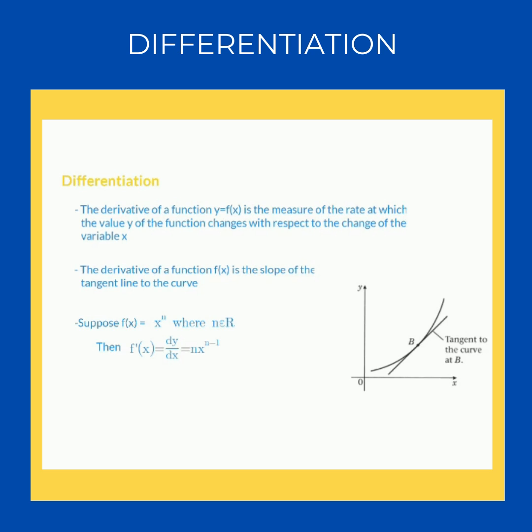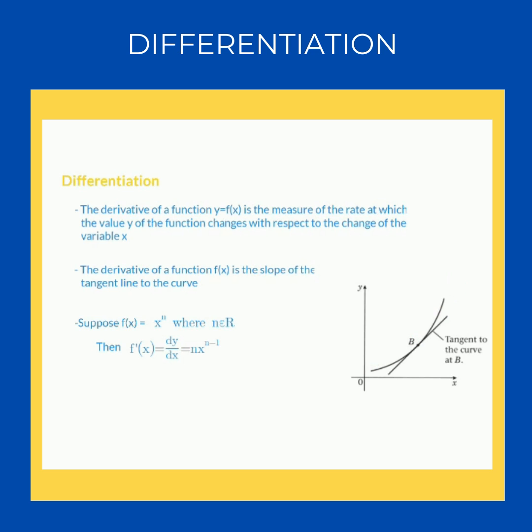Now, if I'm given this curve and I want to find the gradient at point B, normally we draw a tangent line at point B and I pick 2 points on the tangent line. Then I use the gradient formula y2 minus y1 over x2 minus x1 to find the gradient at point B. Now, another way is to derive the function of this curve.